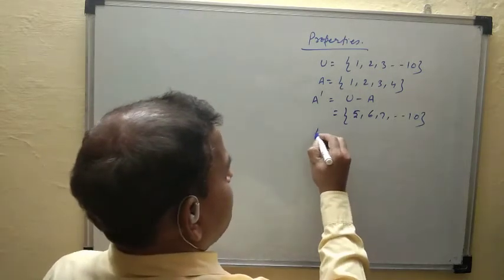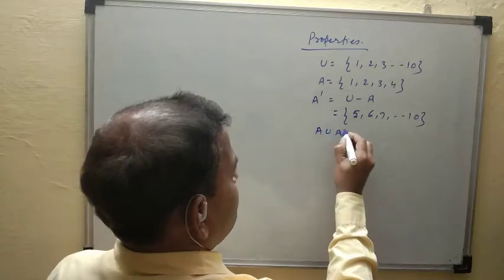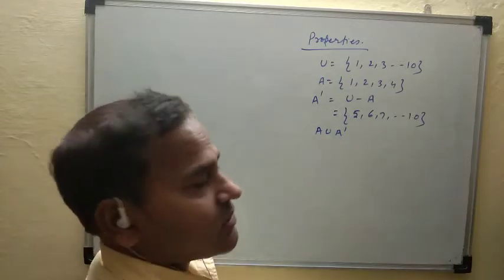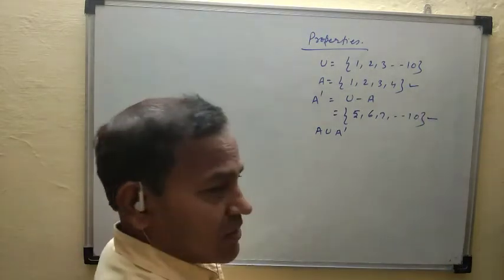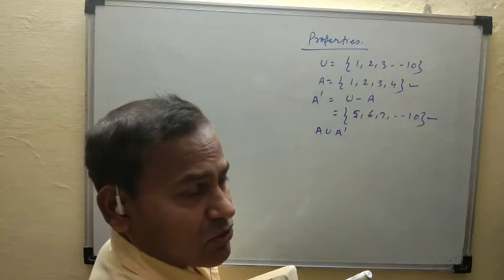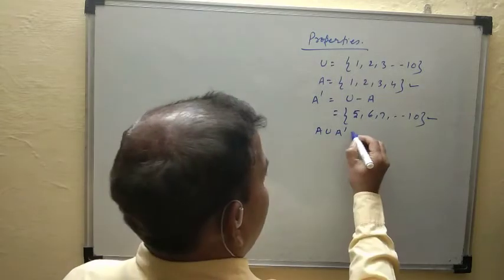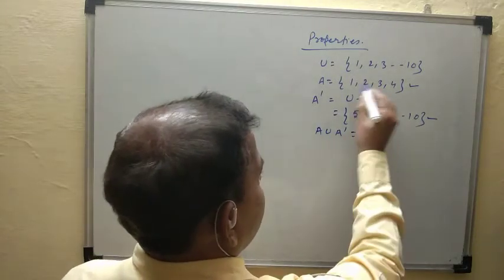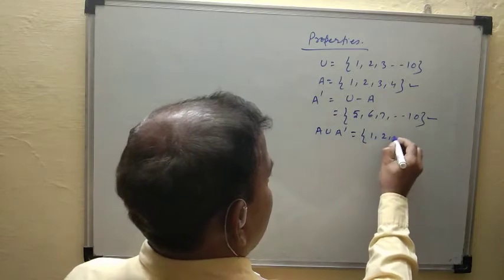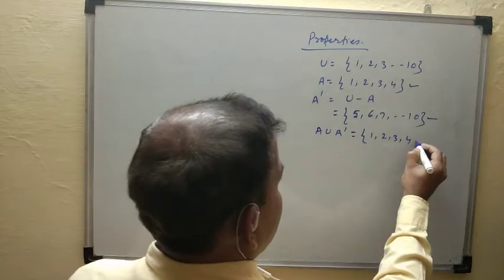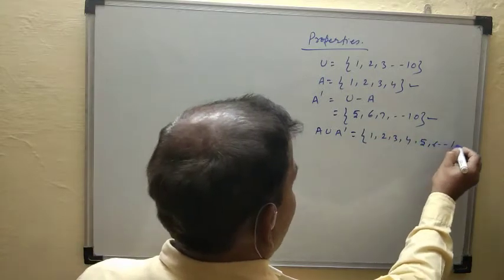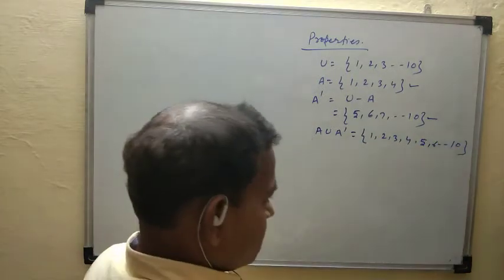Now find A union A complement. Now we will write both sets' elements in combined form. First write the elements of set A, that is 1, 2, 3, 4, then union, write A dash, that is 5, 6 up to 10.